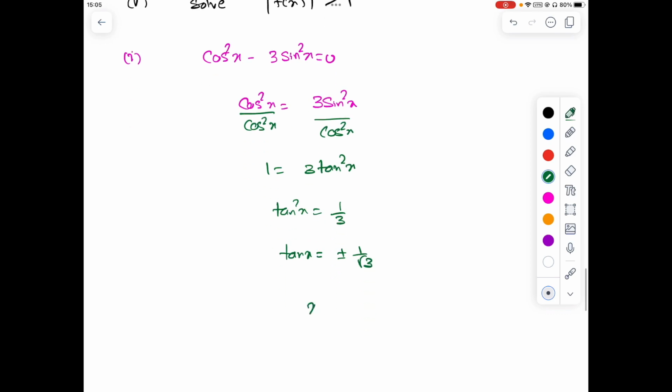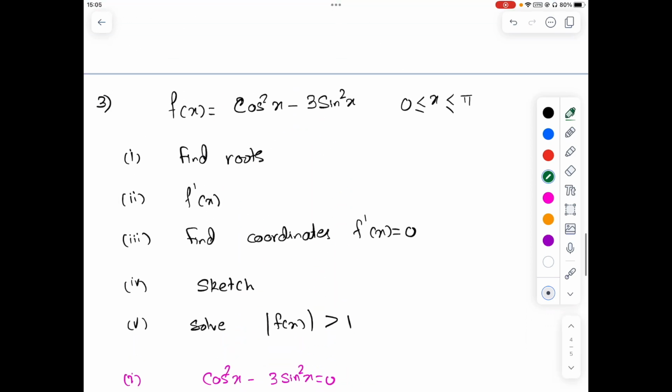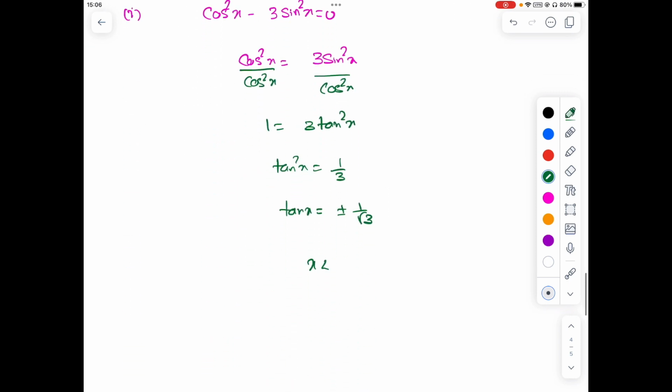Now it has been given that x lies between 0 and pi. Therefore, I have to consider the first quadrant and second quadrant. In the first quadrant, tan x equals 1 upon root 3, and in the second quadrant, tan x equals negative 1 upon root 3.